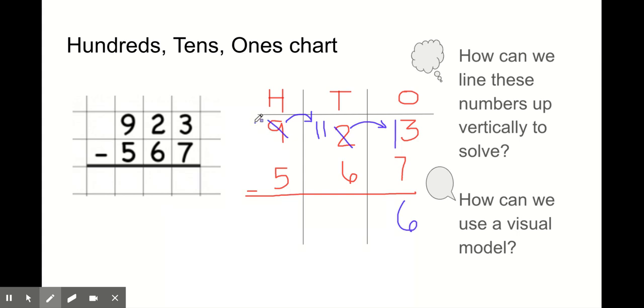But since I took it away from over here, now I only have 8 hundreds. Can I take 6 tens away from 11 tens? Yes. 11 minus 6 is 5.